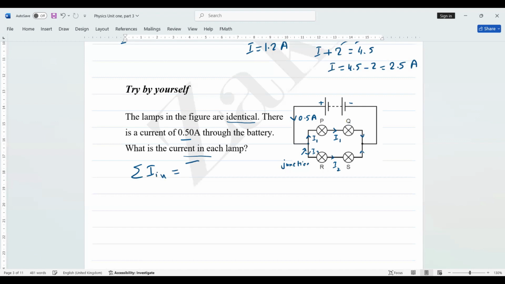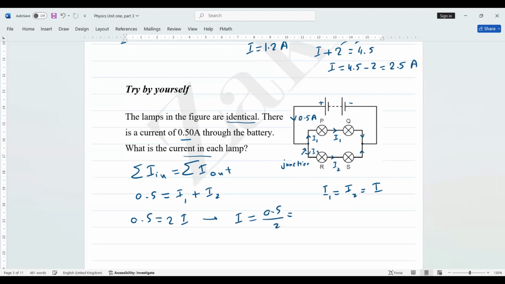Now, at the junction, we apply Kirchhoff's first law. Sum of current in equals sum of current out. Current in is 0.5, out is I1 plus I2. But because the lamps are identical, we can say I1 equals I2 equals, for example, I. Then I1 plus I2 is 2I. Then 0.5 equals 2I, so I equals 0.5 divided by 2, which is 0.25.